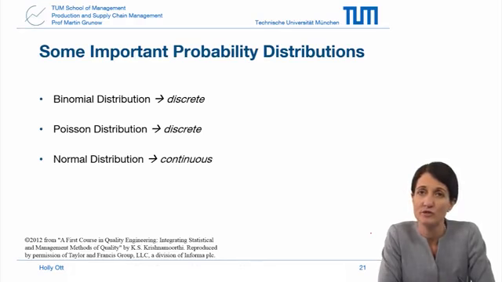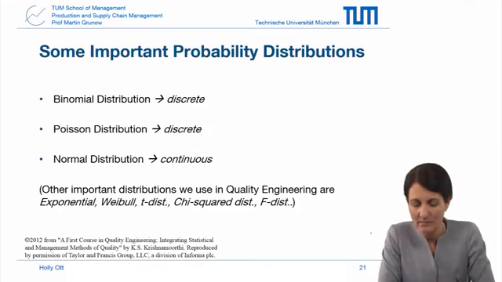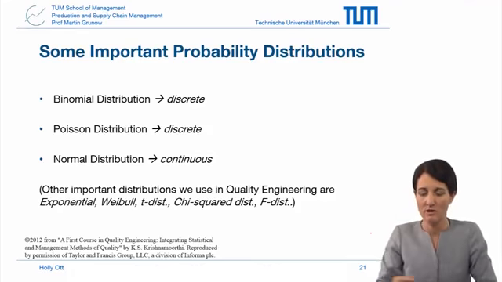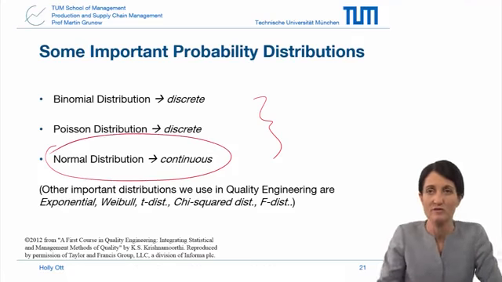And the normal distribution is a PDF for continuous random variables. There are many other important distributions, such as the exponential, the Weibull, the t distribution, the chi-squared, the F distribution, and we will see some of these in parts of the course, but we'll have a main focus on these three, particularly on the normal distribution for our course.